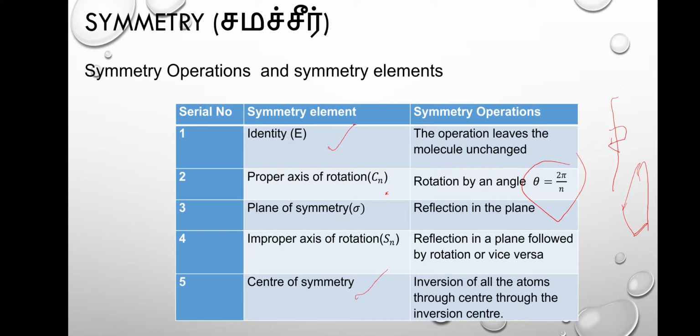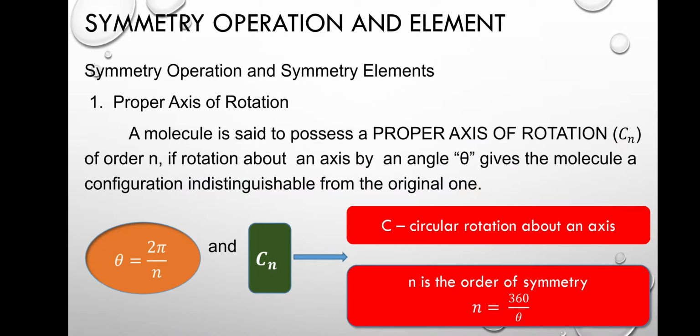So identity means doing nothing. Proper axis of rotation: rotation is the symmetry operation. Plane of symmetry: reflection is the operation. Improper axis of rotation means reflection and rotation, or rotation and reflection. And inversion is the operation used in the case of a center of symmetry.